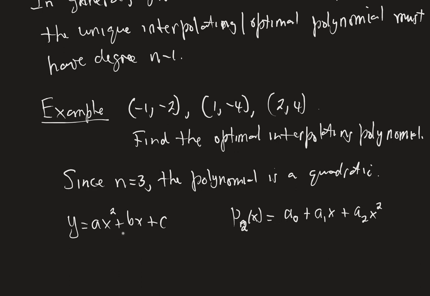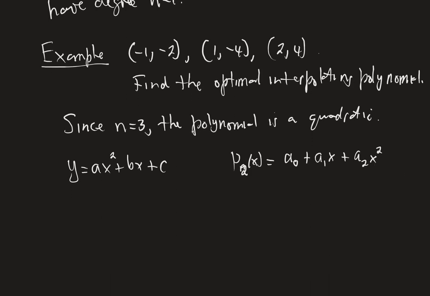You pick a general form, and the goal is to figure out what the coefficients of that polynomial have to be in order for the polynomial to pass through all the given points. So let's use the more familiar form.